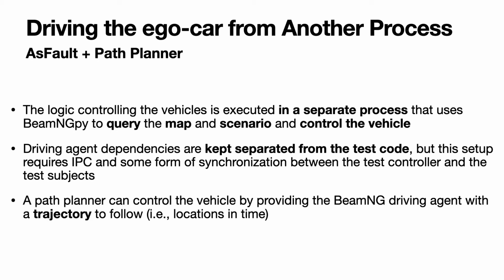And then at this point, we are going to have 2 processes interacting with the same simulation for observing and controlling the car. In this case, with Asphalt, I've also tested a kind of path planner that drives the car using the BeamNG driving agent by computing a trajectory for it.